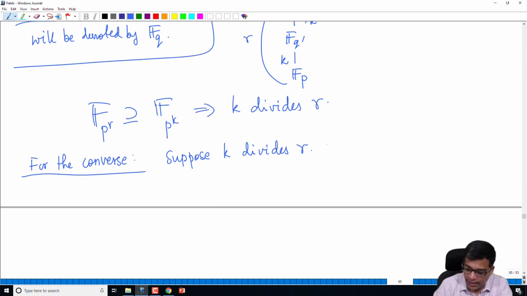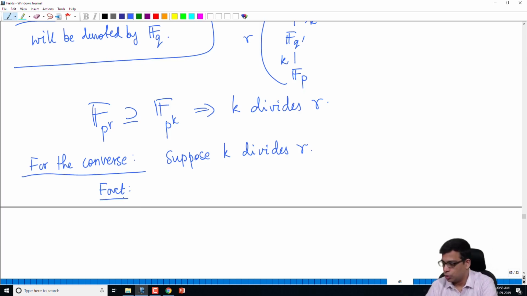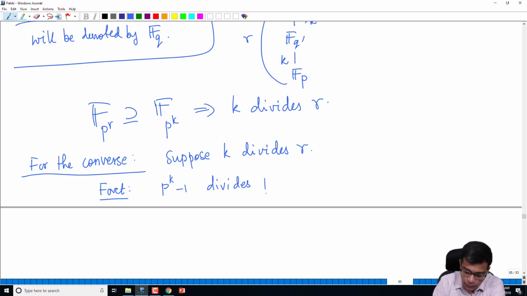The fact here is a simple numerical verification, which I will leave as an exercise for you. If k divides r, you can find this in any book, and one can show that p power k minus 1 divides p power r minus 1. So I will skip this.